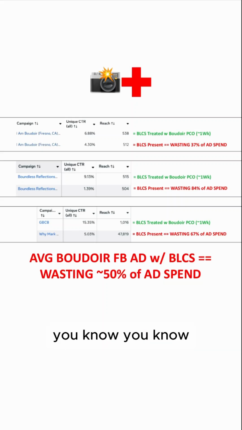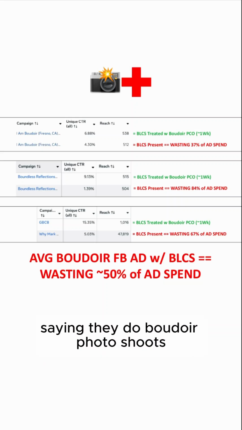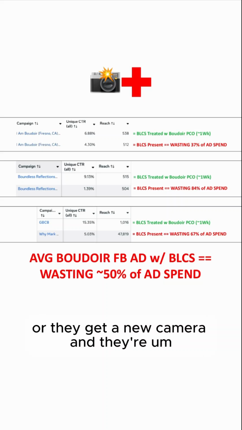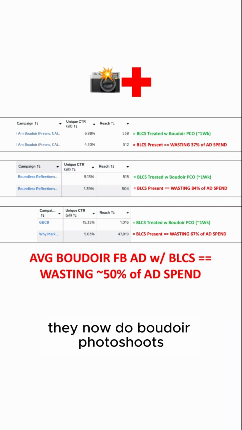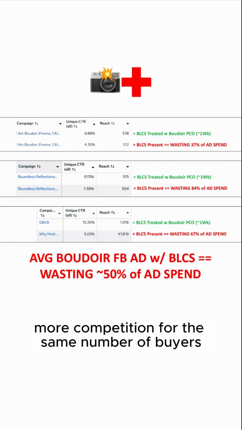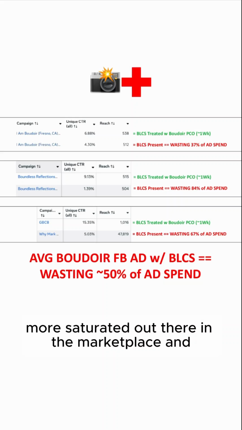Someone gets a new iPhone, all of a sudden they're throwing up a Google Maps profile saying they do boudoir photo shoots, or they get a new camera and they're posting in the mom groups that they now do boudoir photo shoots. So it's basically more competition for the same number of buyers. It's getting more competitive, more saturated out there in the marketplace.